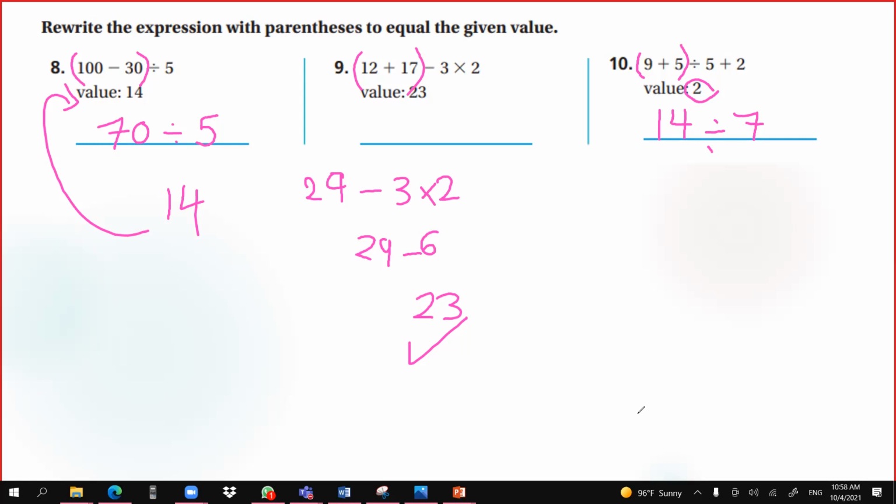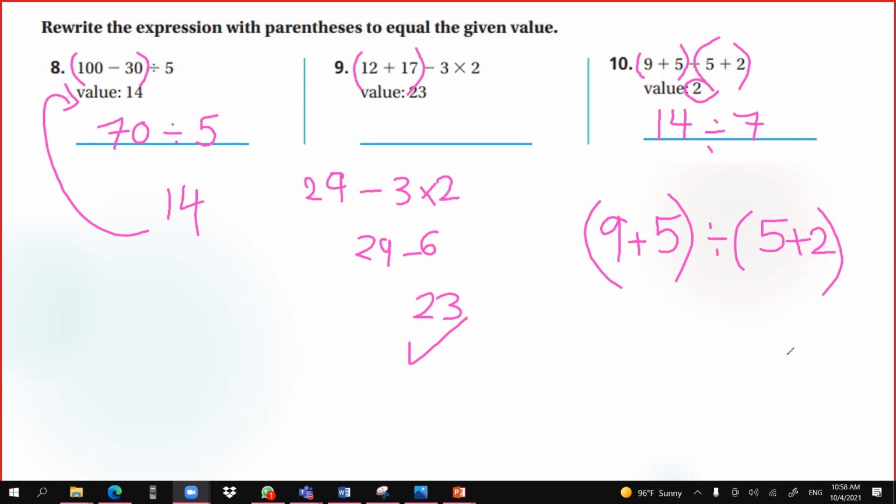Yes, Muna, what do you have to do? Thank you, Muna. So it comes 9 plus 5 divided by 5 plus 2, in parentheses. Then 9 plus 5 is 14 divided by 7, which is 2. Thank you, Muna. Thank you, Malak.